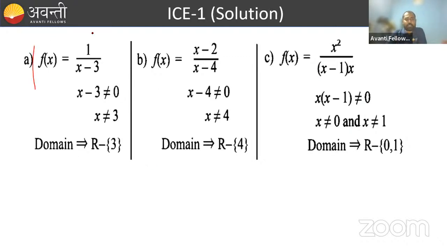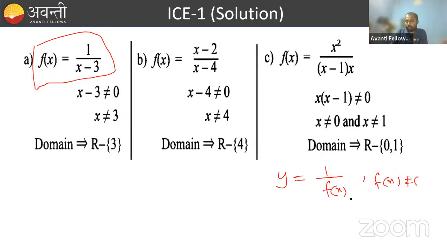f of x is equal to 1 by x minus 3. So for this function to be defined, I have already told you, if the function is in the form of 1 upon f of x, then f of x is not equal to 0. That means in place of f of x, we have here x minus 3.